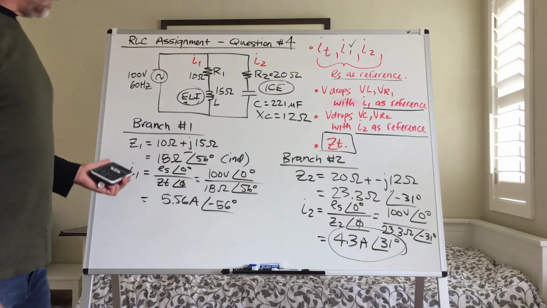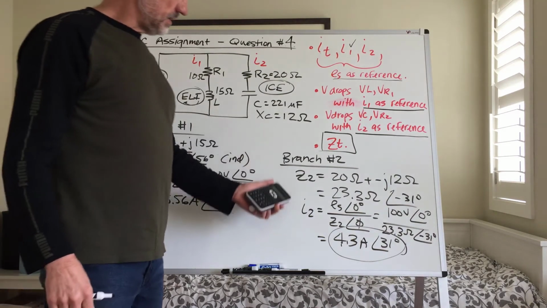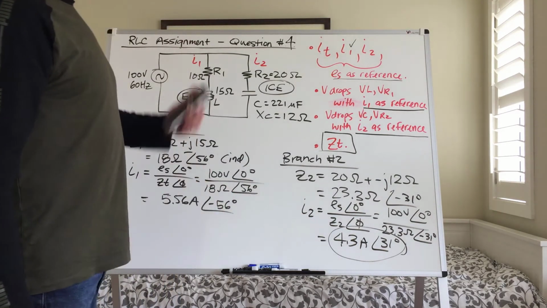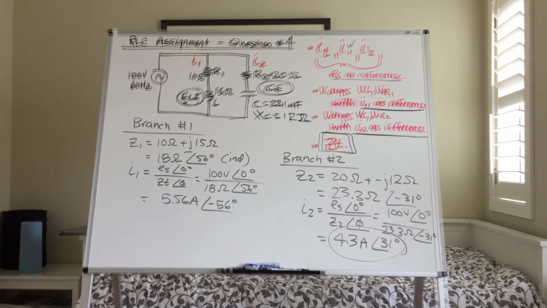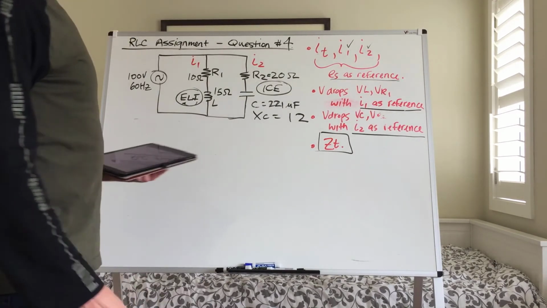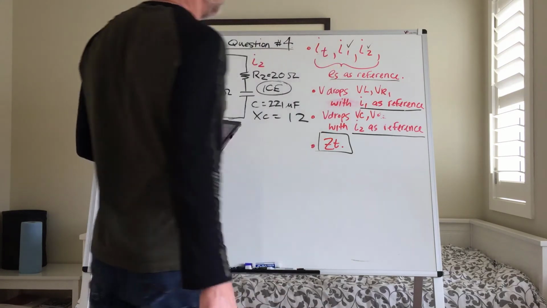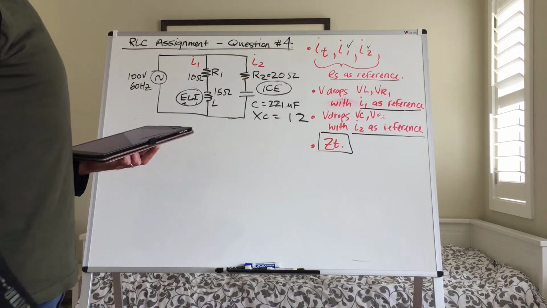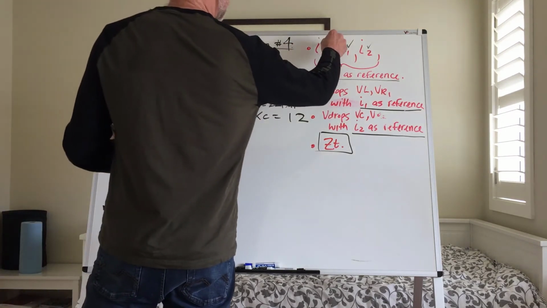But now we've got our branch 1 impedance and current, and our branch 2 impedance and current. We'll move on to the next step. All right, so we're back to this, and we've already come up with I1, branch 1's current, and I2, branch 2's current. The next thing we can do is come up with I total.